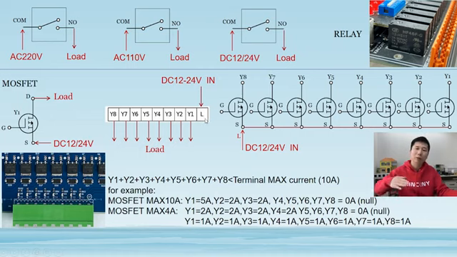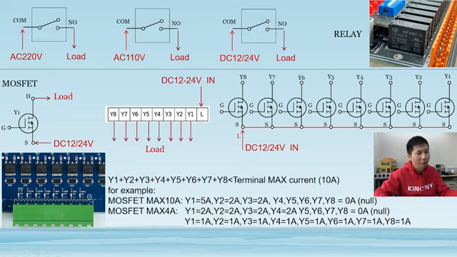So this current is large because the 8 MOSFET load currents are connected together. So just make sure all the Y terminals total less than this current. Because KinCony uses this green terminal with a max of 10 ampere, so you must stay under 10 ampere.